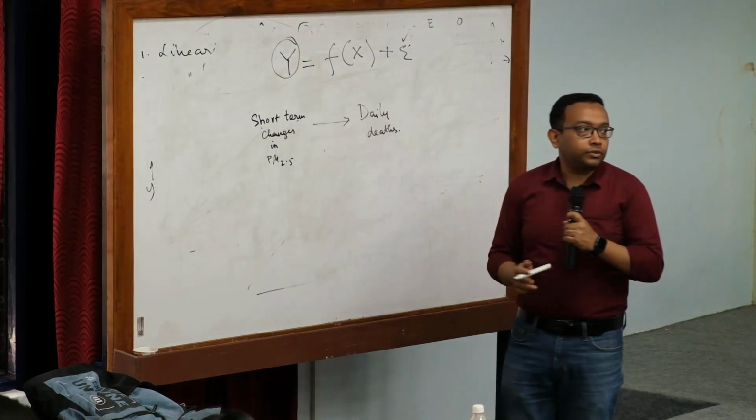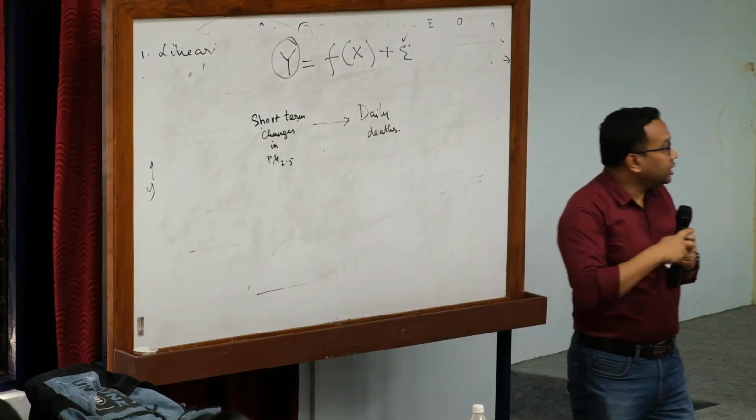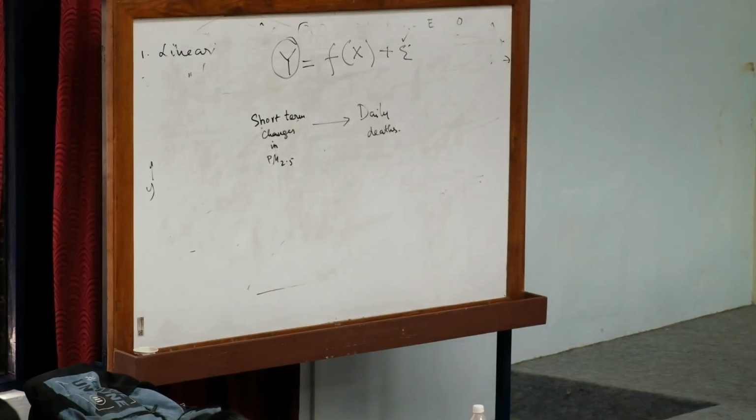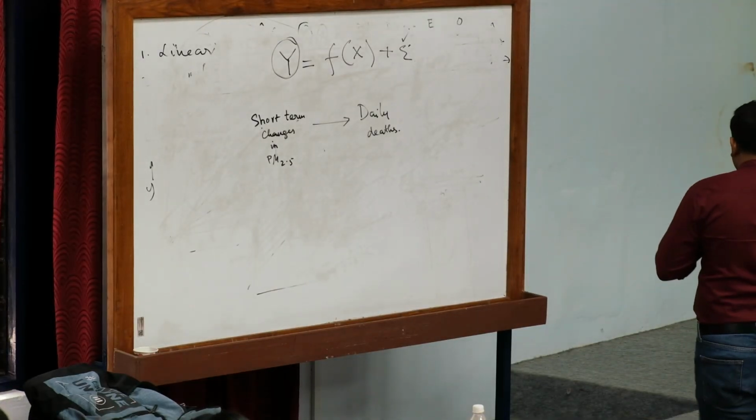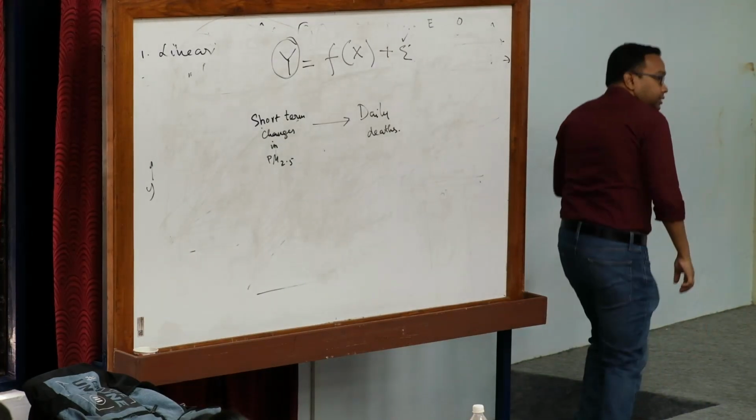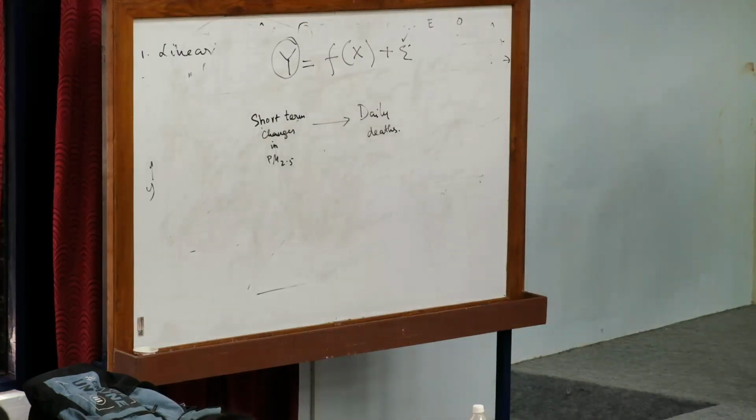This is the arrow that we are interested in. Short-term changes could be 1 day, 2 days, 3 days, whatever, but it is not going to be 1 year. I'll come to this.